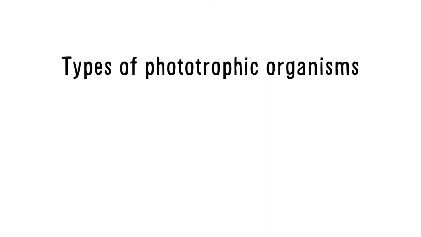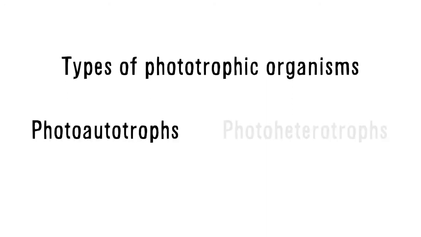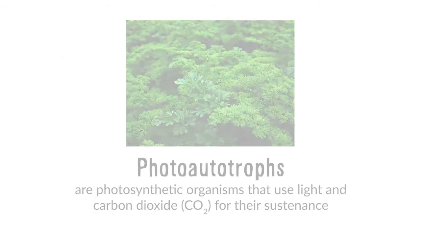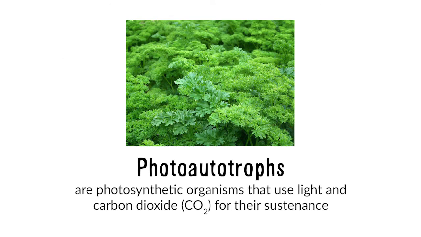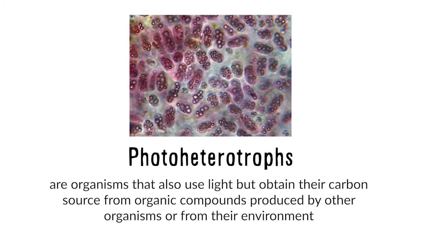Two types of organisms undergo phototrophy, the photoautotrophs and the photoheterotrophs. Photoautotrophs are also the photosynthetic organisms that use light and carbon dioxide for their sustenance, while photoheterotrophs are organisms that also use light but obtain their carbon source from organic compounds produced by other organisms or from their environment.